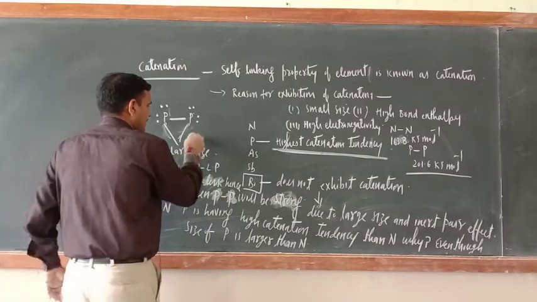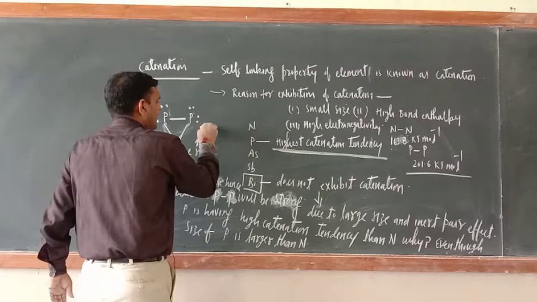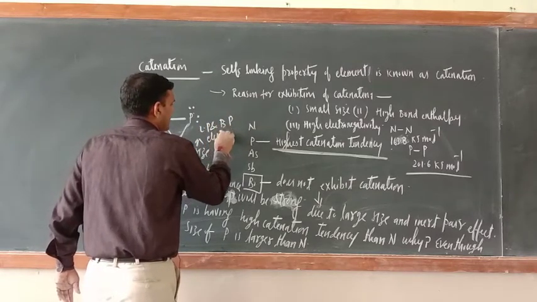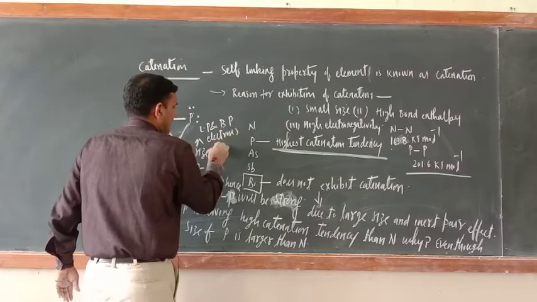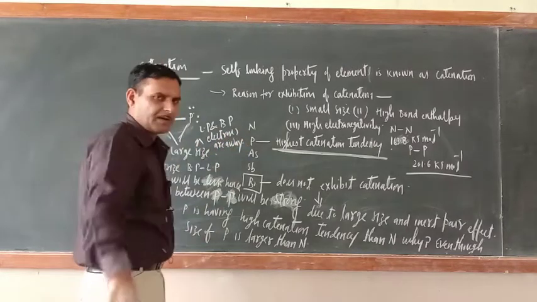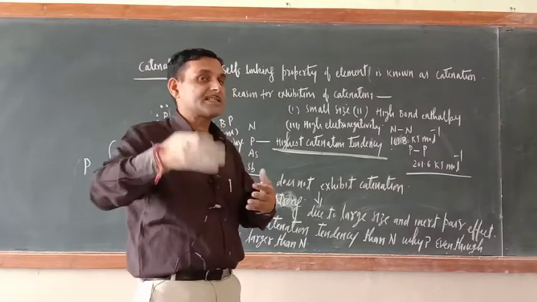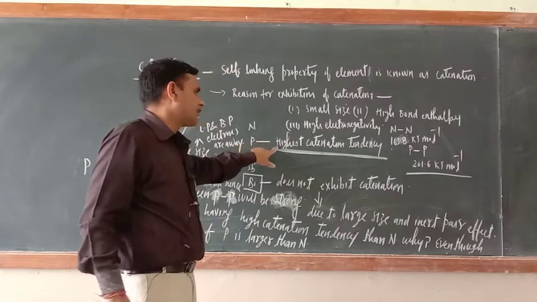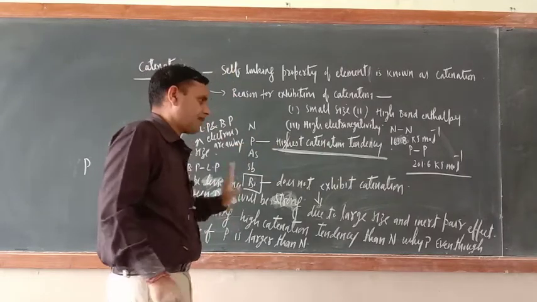Large size, here you can write lone pair and bond pair electrons are away. So when electrons are away, repulsion will be less and the bond can survive for a long period of time. That is why phosphorus will have highest catenation property.